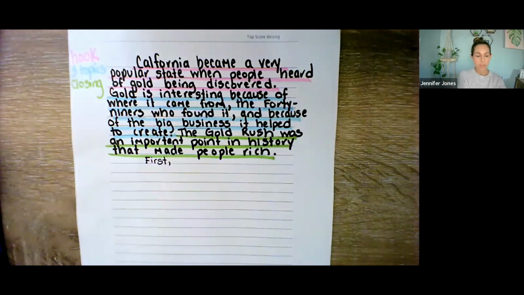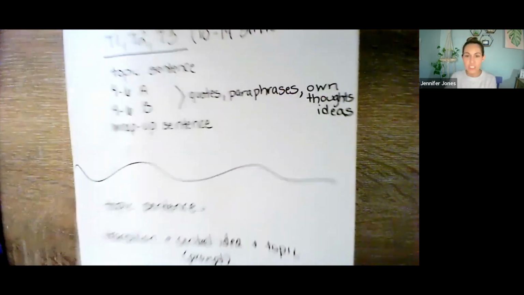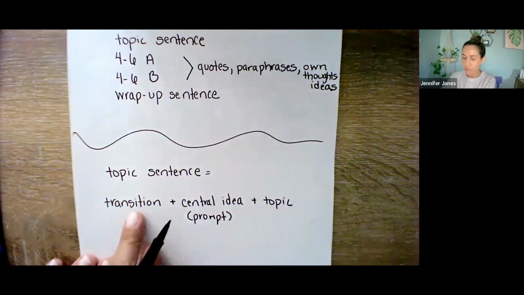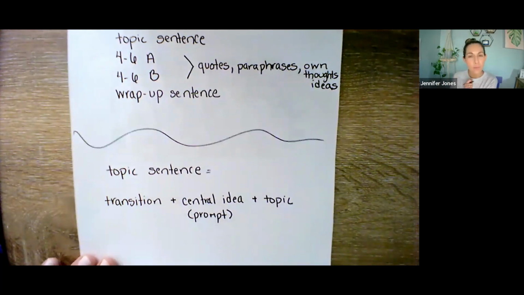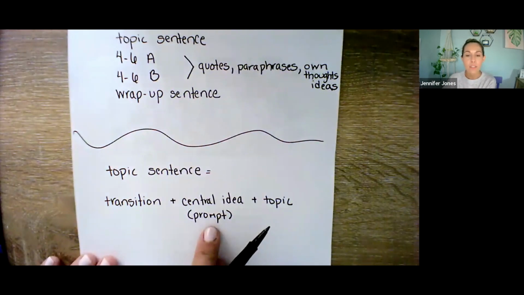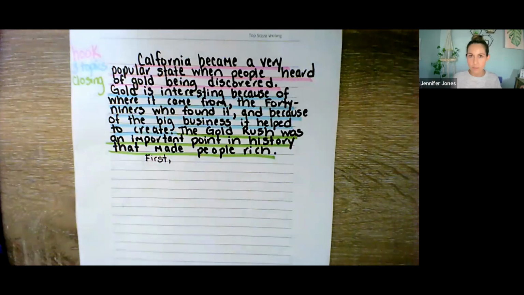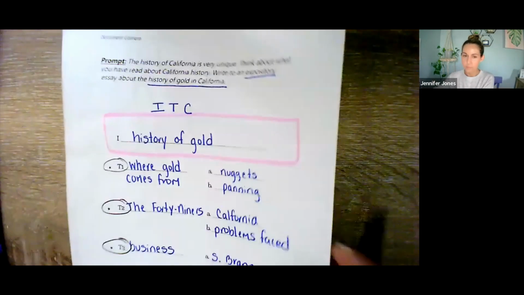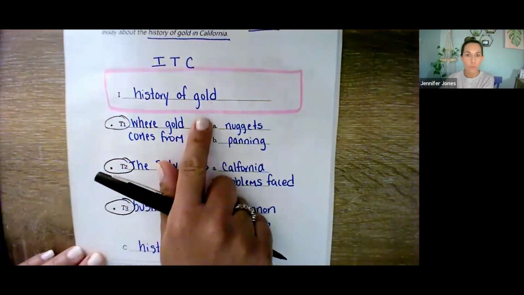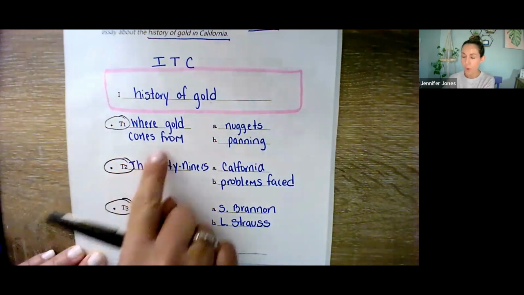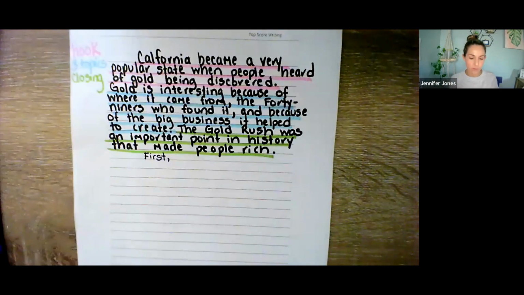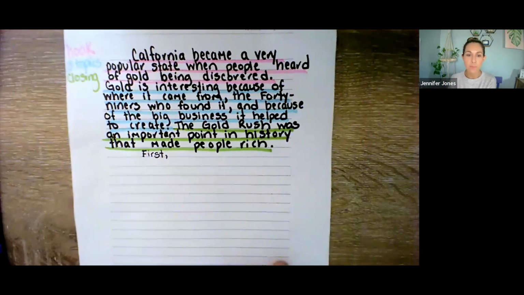So if we look at our little cheat sheet here we made on our notes, we need a transition word. Check, we did that. We wrote first. Now we need to mention our central idea and the topic. So what's our central idea? Gold. What's our topic? Where gold comes from. Okay, so let's make sure that we mention both of those things.